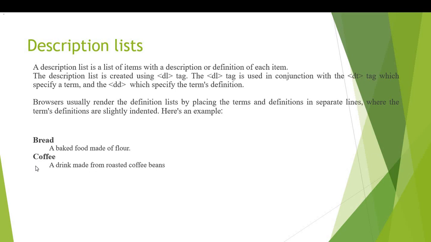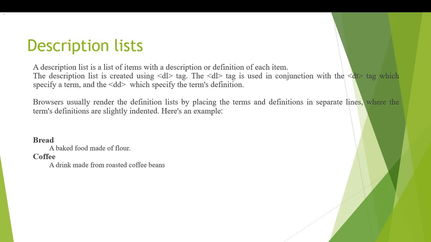The last type is description lists. A description list is a list of items with a description or definition of each item. The description list is created using the DL tag. The DL tag is used in conjunction with the DT tag, which specifies a term, and the DD tag specifies the term's definition.